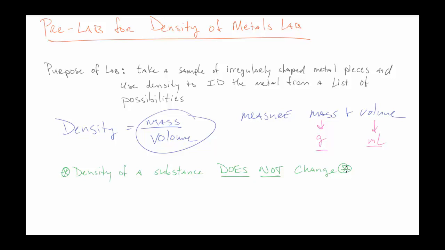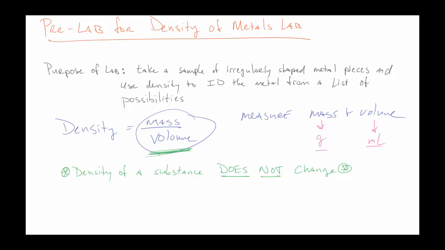It doesn't matter how big my sample of metal is, those pieces have the same density as all the other pieces in your sample, because the density of a substance does not change. And I need you to understand that, right? It doesn't matter how much we have, that mass and that volume will change proportionally to keep this ratio of density for that particular substance constant.